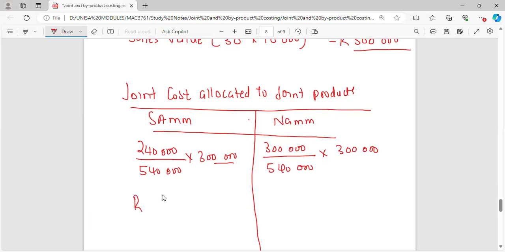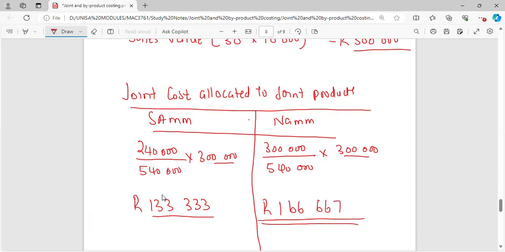So we are going to allocate 133,333 to SUM. Then the difference is now going to be allocated to NUM. So we are just going to subtract 300,000 minus 133,333. So here we are going to have 166,667. So this is how we are going to allocate.